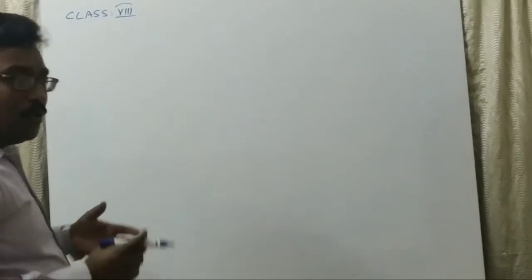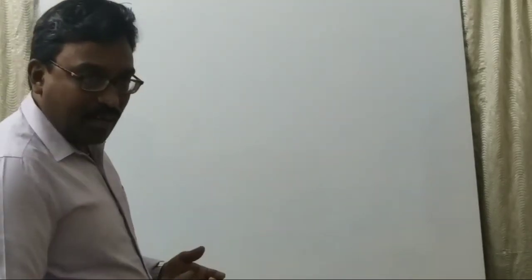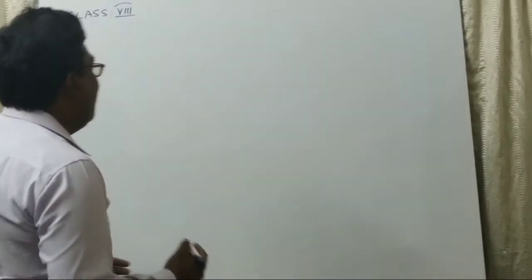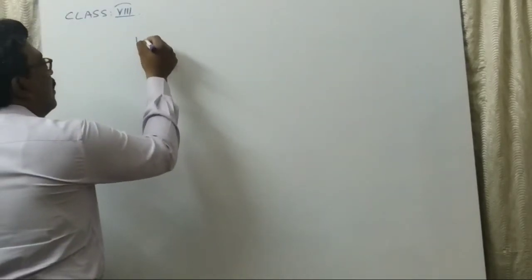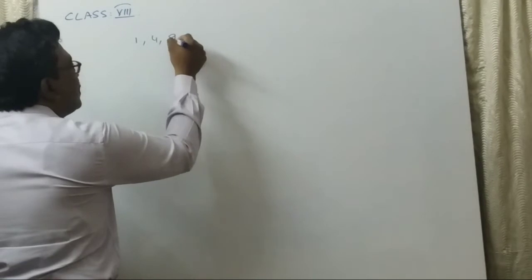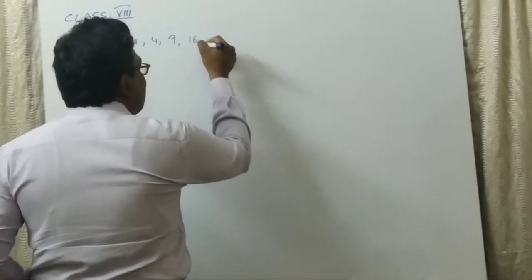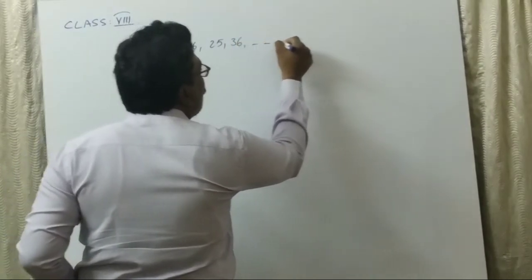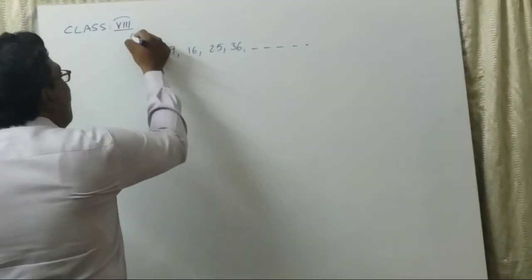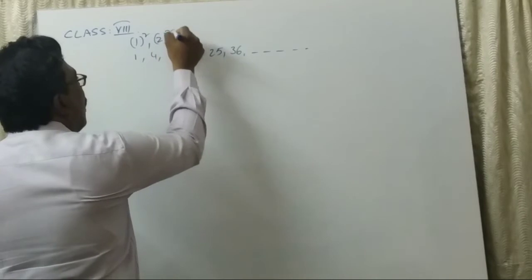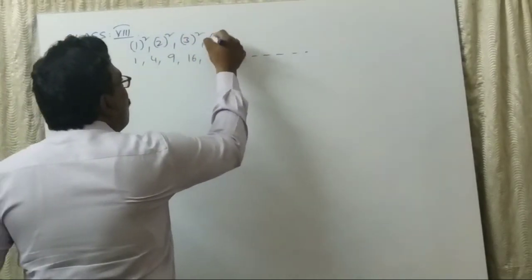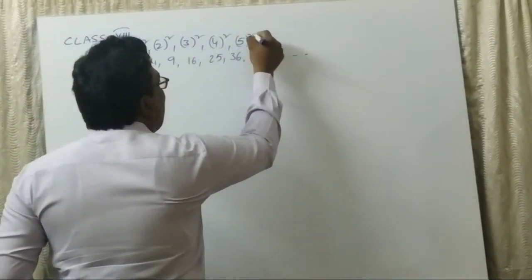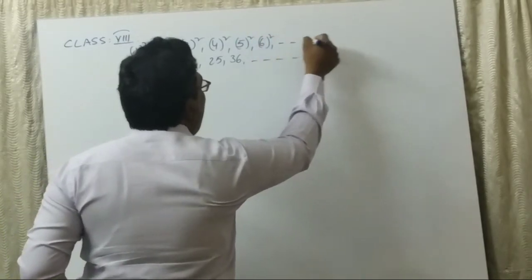Now we'll count how many perfect squares are there. Can we count? 1 square, 1; 2 square, 4; 3 square, 9; 4 square, 16; 5 square, 25; 6 square, 36; and so on.